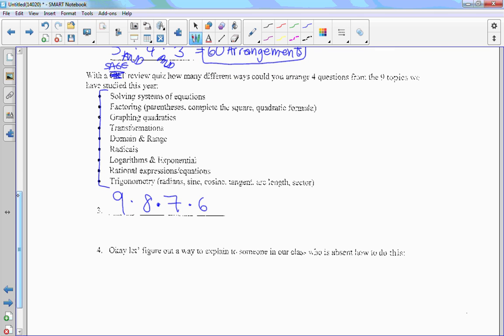This is 9 and 8 and 7 and 6. So how many different arrangements for our review, given that we have 9 topics, we only have time to review 4, and we care about the order? How many? 3,024 arrangements for our review quiz.